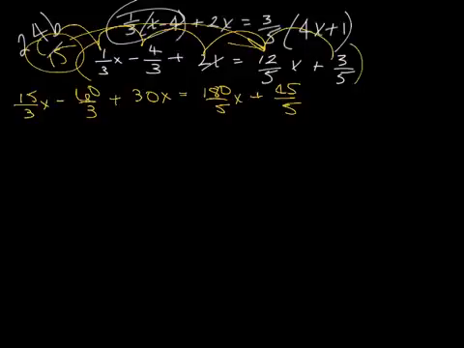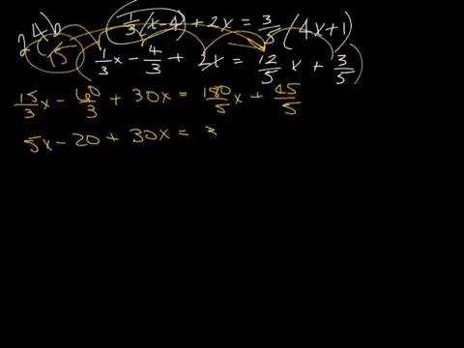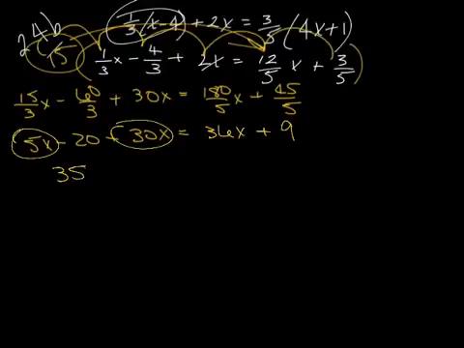So 15 over 3 is 5, 60 over 3 is 20, 30x, 180 over 5 is 36, and 45 over 5 is 9. Combine my like terms, so I've got a 35x minus 20 equals 36x plus 9.